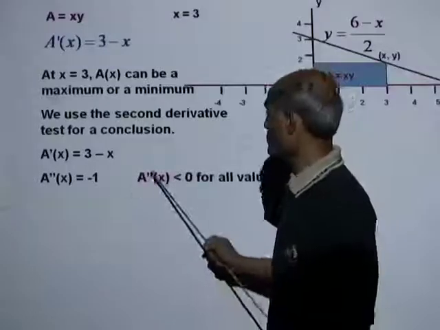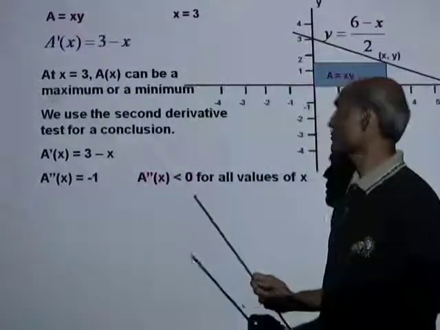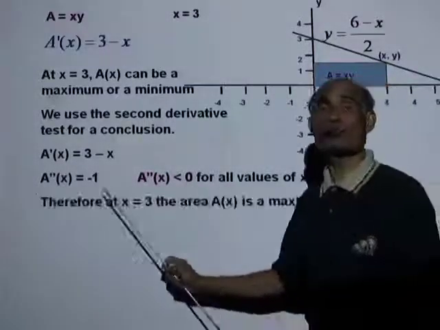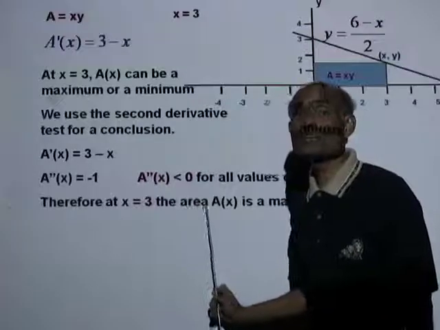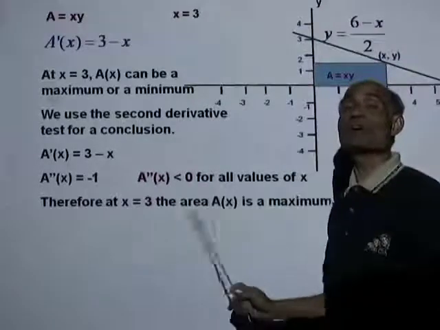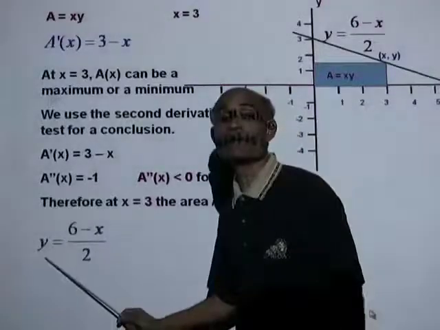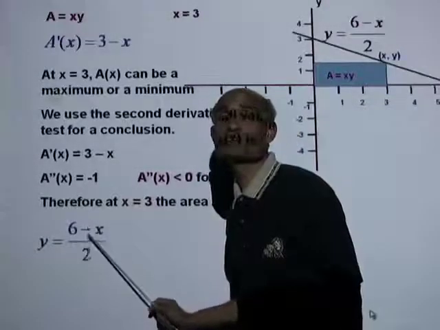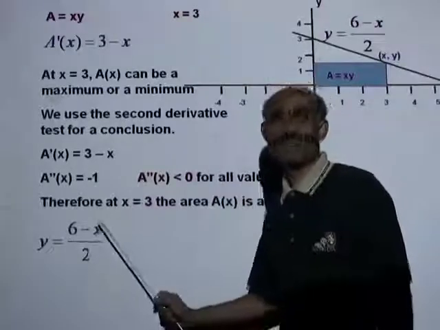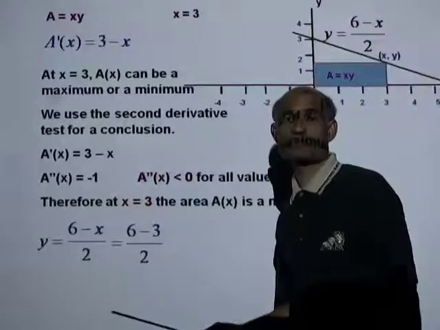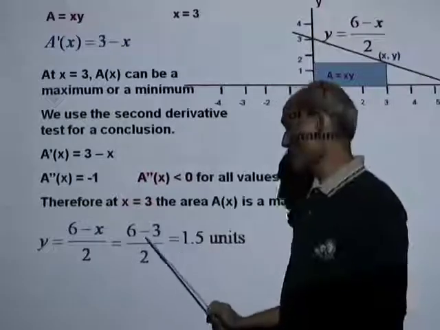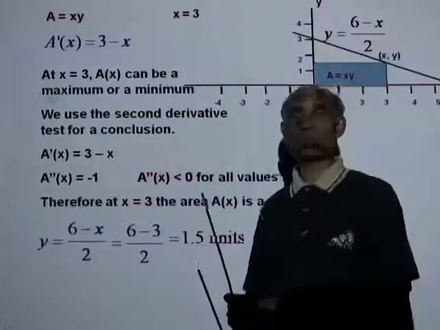Now, so A double prime of x is less than 0 for all values of x. Therefore, at x equal to 3, the area A of x is a maximum. How about then y? Y equal to 6 minus x over 2, and using x equal to 3 gives you y equal to 1.5 units.